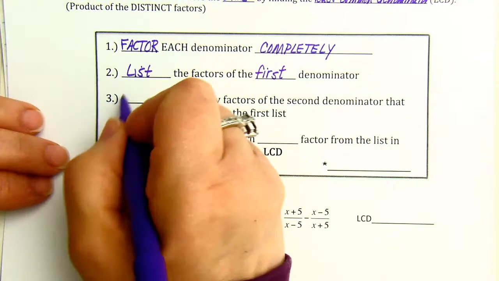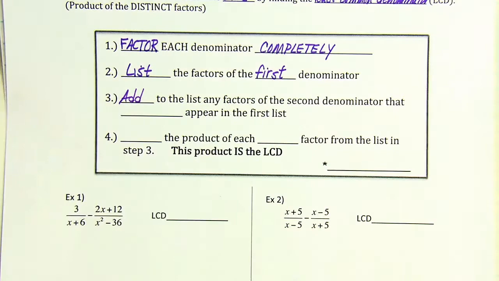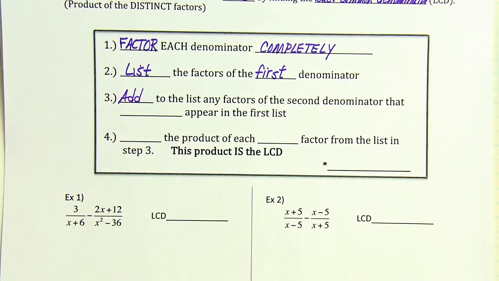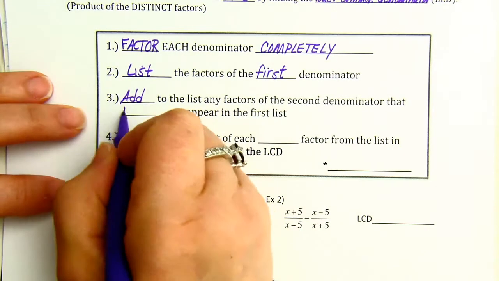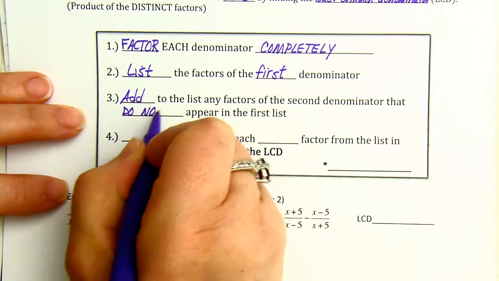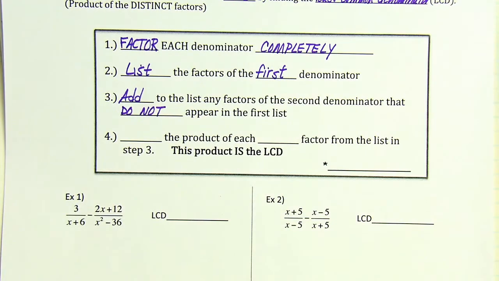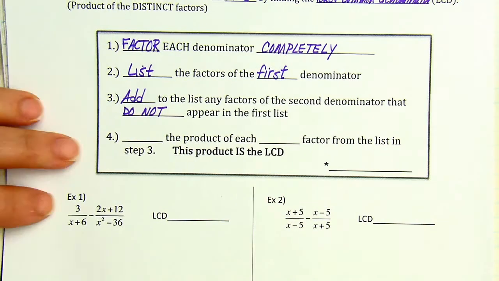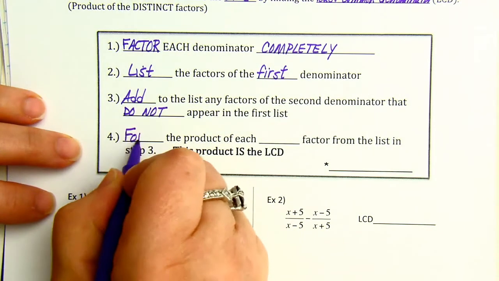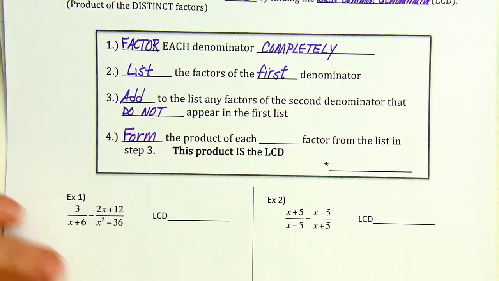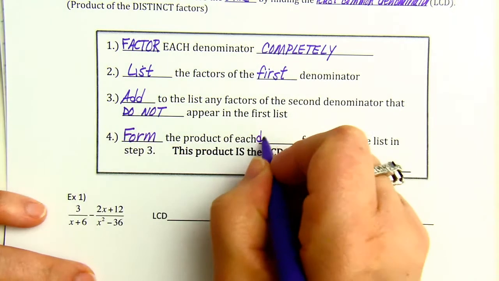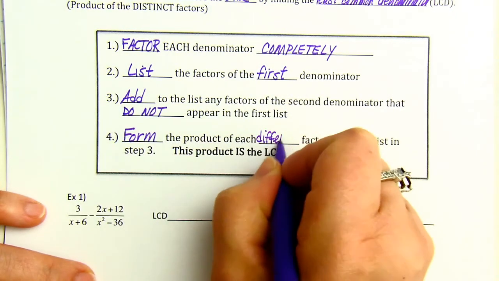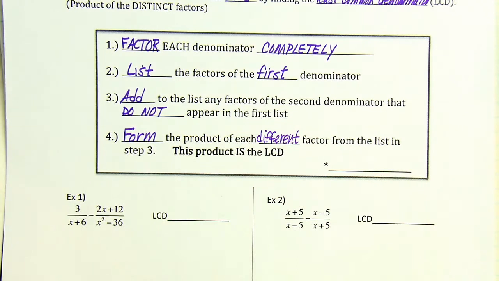And then you add to the list any factors of the second denominator that do not appear in that first list. And then we form the product of each different factor from the list in step 3. This product is your least common denominator.